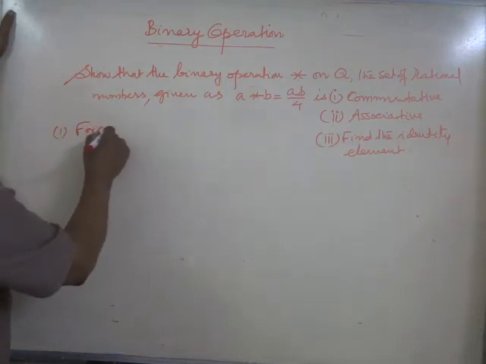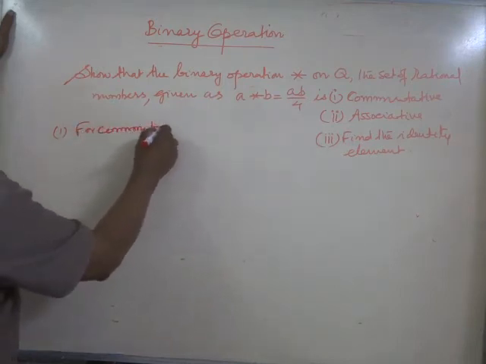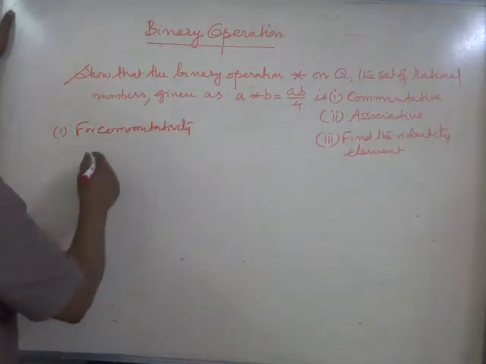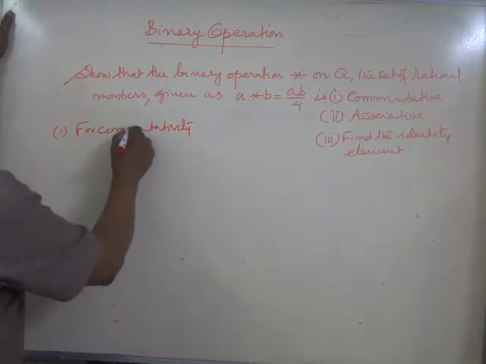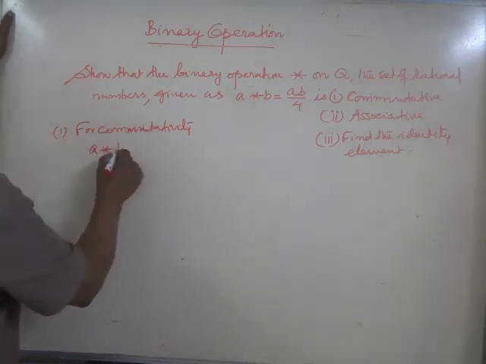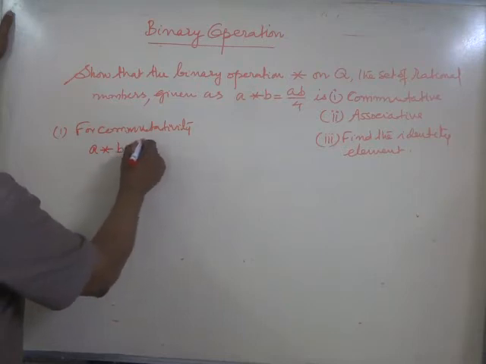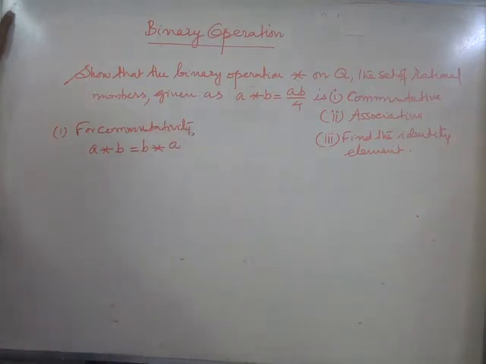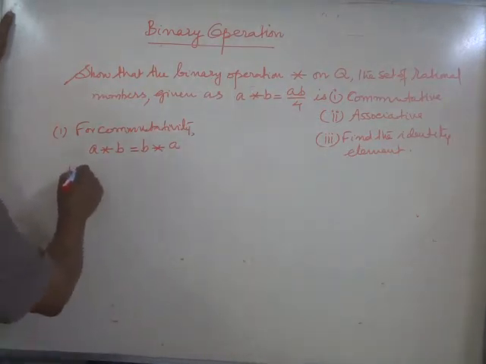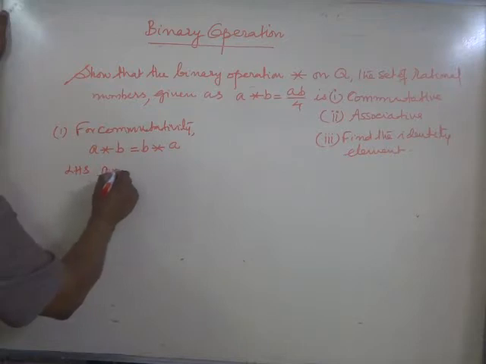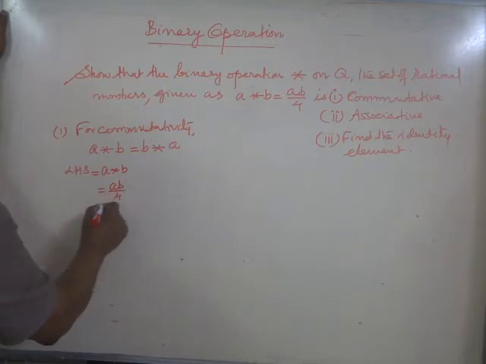For commutativity, we have to show A star B equals B star A. LHS: A star B, that is equal to AB by 4.